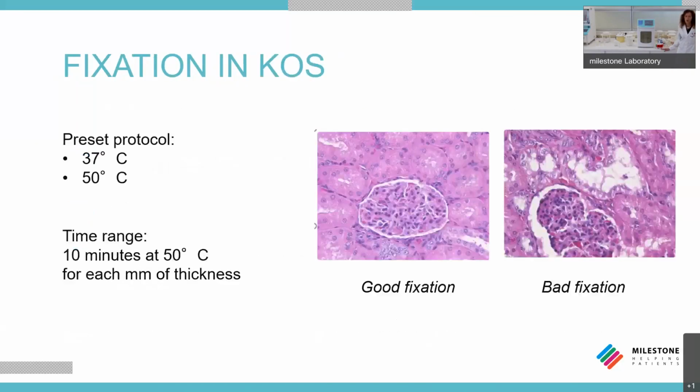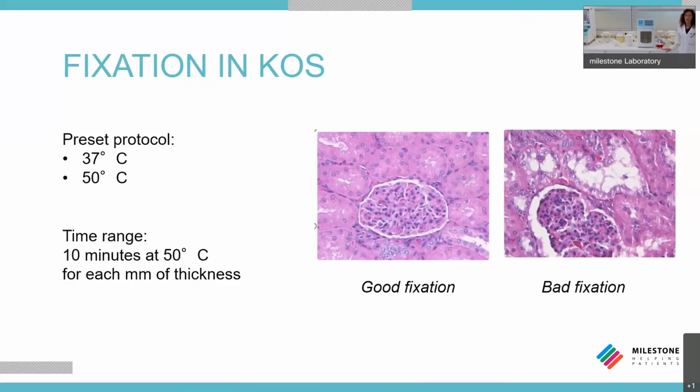So, how do we do fixation in COS unit? By using microwave exposure, the fixative can be optimally used and standardization of microscopic results can be achieved. For faster results, COS microwave units have preset protocols.